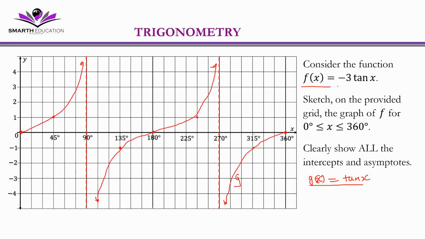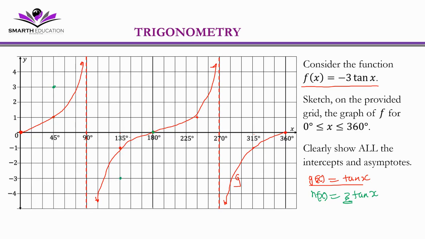Let's look at the equation of f of x. So it's negative 3 tan x. Let me have another equation. Let's call it h of x. H of x, let's say, is 3 tan x. What is the effect of this 3? It causes vertical stretch. So it means this 45 and 1 changes to 45 and 3. And then 135 and negative 1 changes to 135 and negative 3.